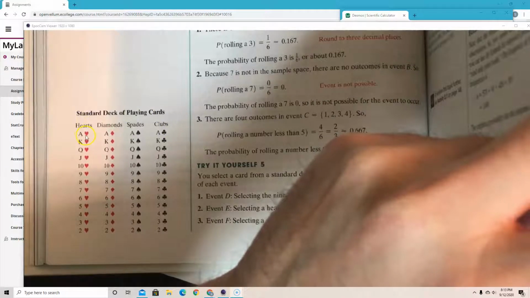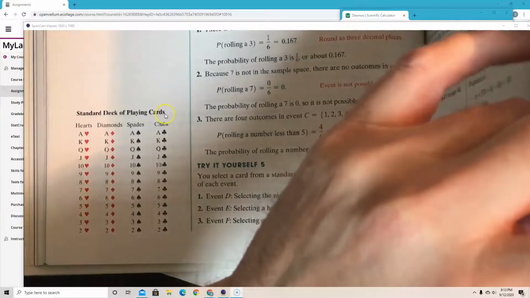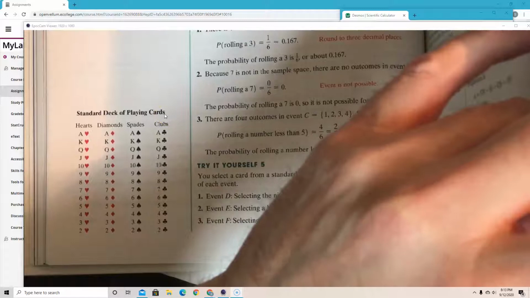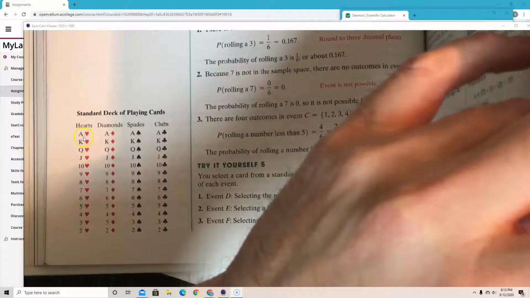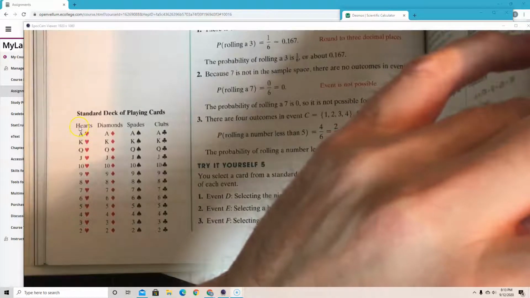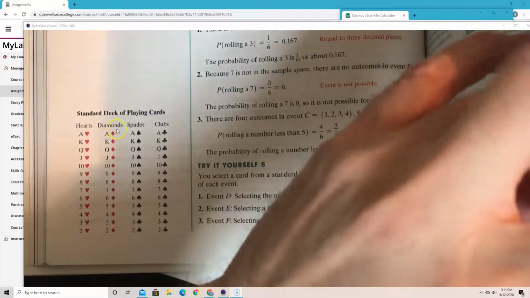And if you're not aware, this card deck, the group of all of the cards, is broken down into 4 equal categories or types of cards, which they call suits. Hearts, you can see the shape of hearts. Diamonds is a second suit, and these are the 2 red suits.